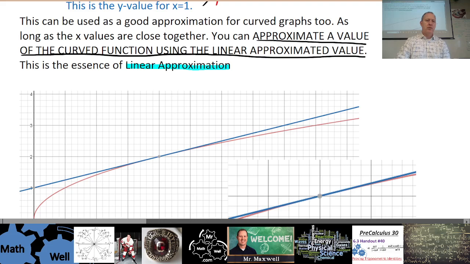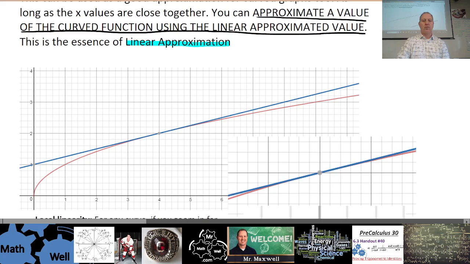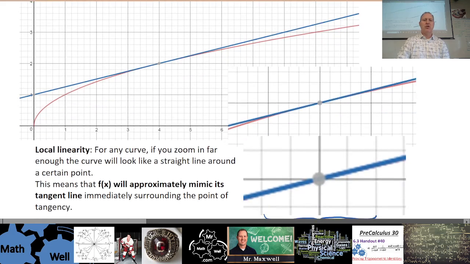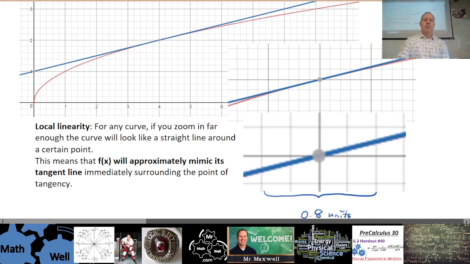So if we were able to identify a tangent line, what is really neat is that if you zoom in to the curved red graph, if you zoom in incredibly, what you'll find is that the red graph, as curved as it might be, if you zoom in, the smallest little part of it appears linear.